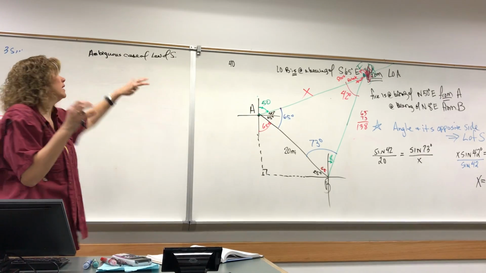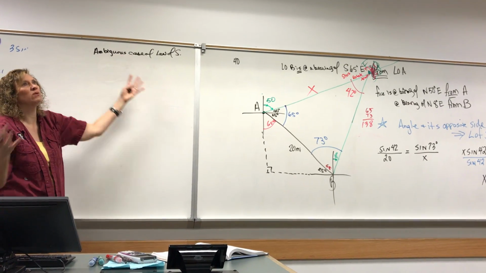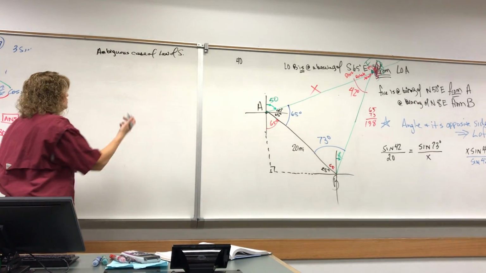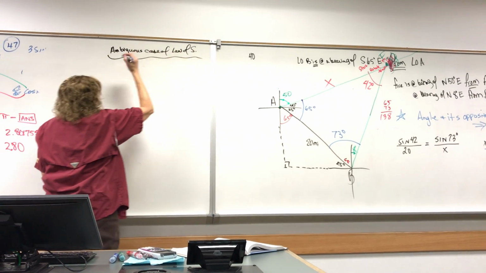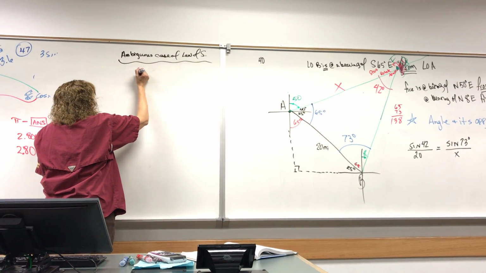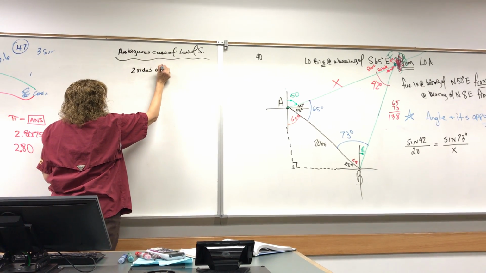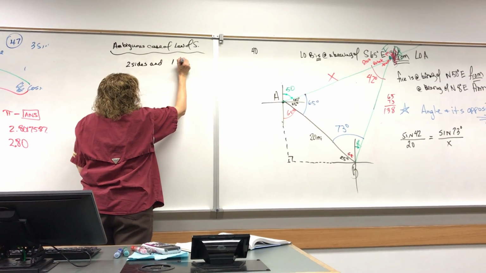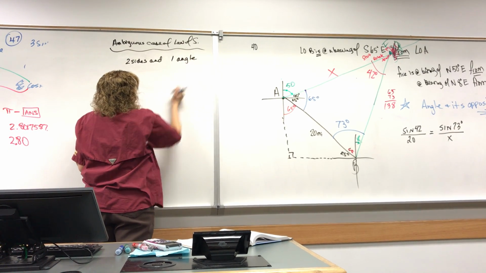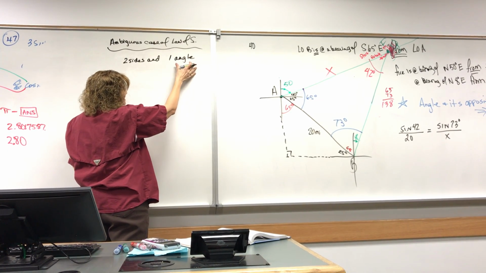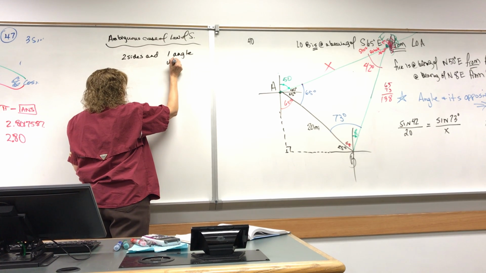When will we have the ambiguous case? When we have the reverse information and we're solving for an angle. The ambiguous case is going to happen when we have 2 sides and 1 angle. In fact, it's not just any angle, it's an unincluded angle.